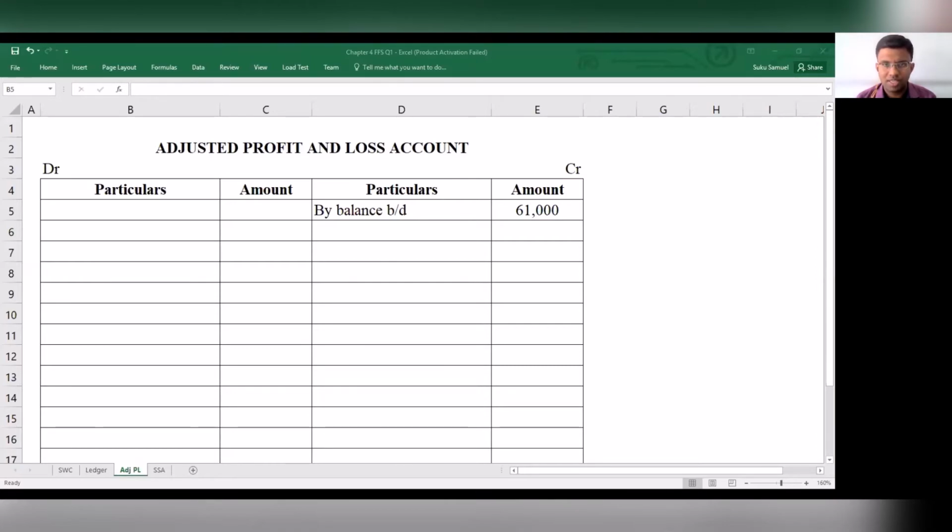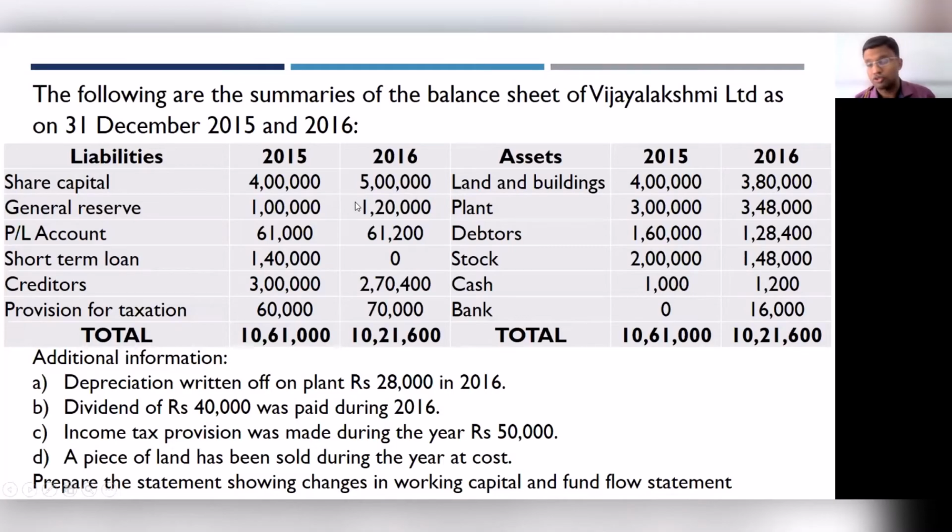So share capital has increased, which happens when you have carried out an issue. This increase of 1 lakh, you will be accommodating as a source.